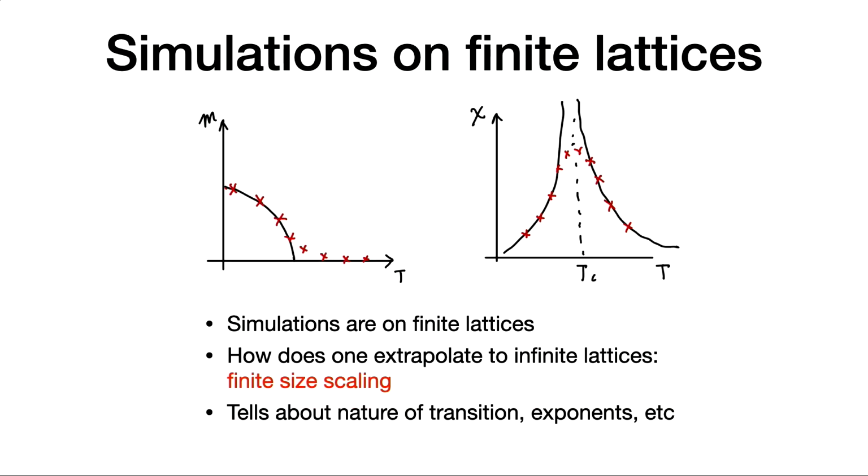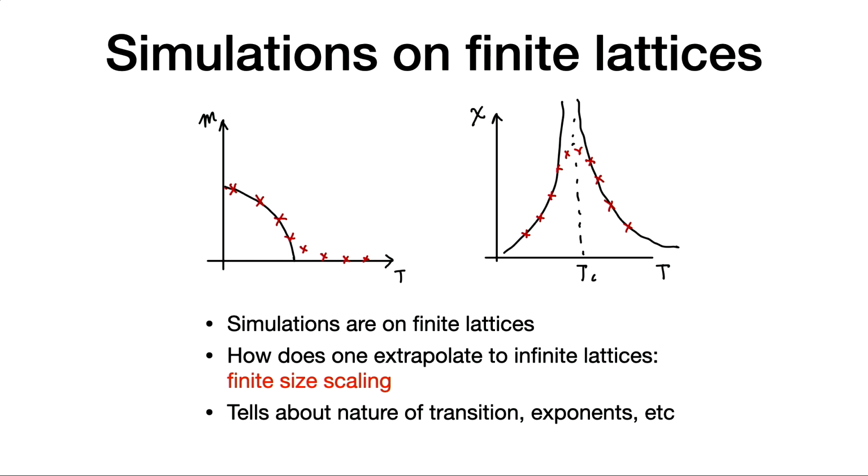Second point is that when you define thermodynamics, you're talking about 10 to the power 23 particles, a huge number of particles. But in a simulation on a computer, you cannot do so large a system. You can only do finite systems, so your answer will never be exactly the same as what you would expect theoretically. For example, if the black line is what you should expect theoretically, your simulation might look like this.